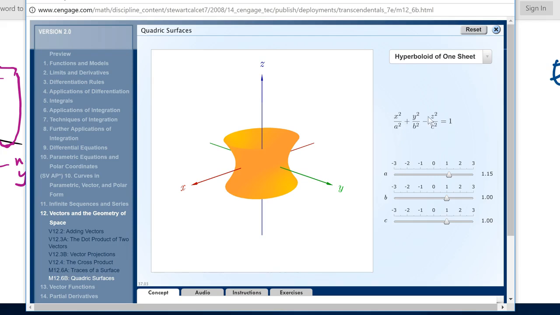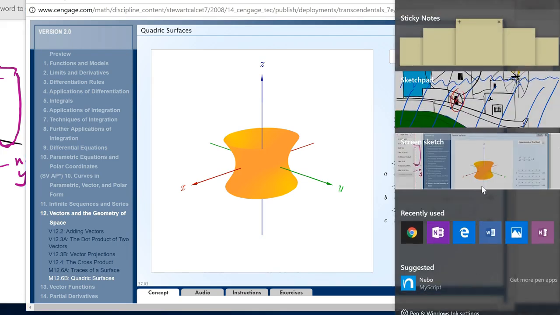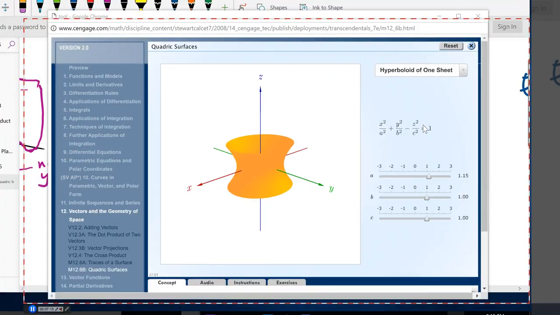So if you make one of the variables 0, like here, I'm going to make the z 0. Okay, so that's gone now. So let's get rid of this part. We have circles.